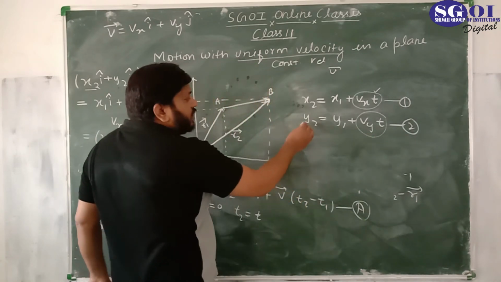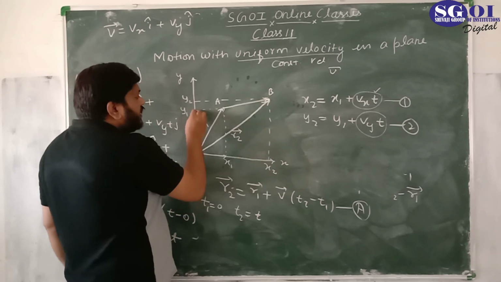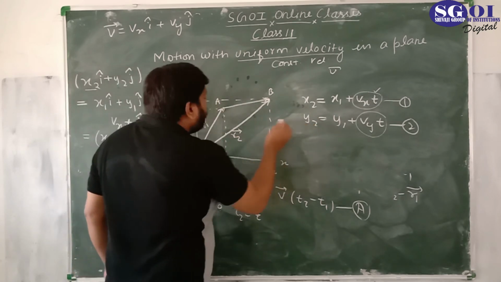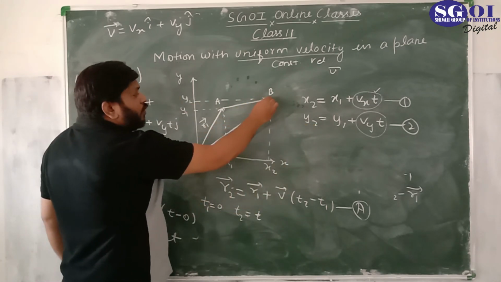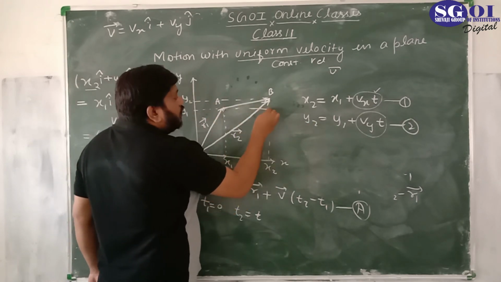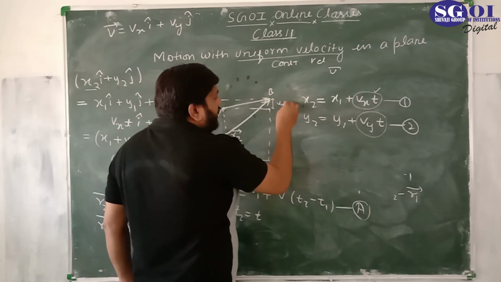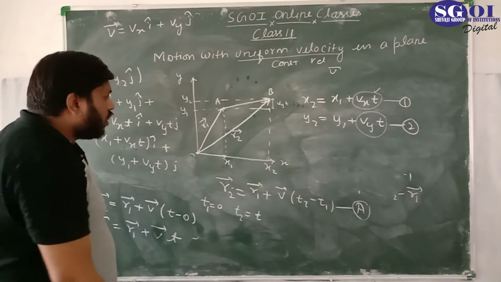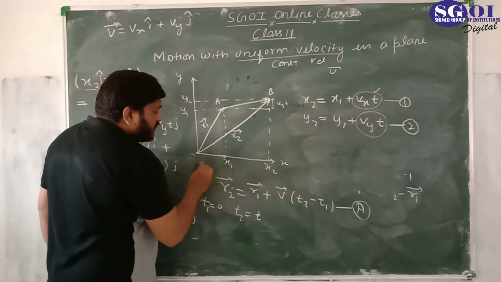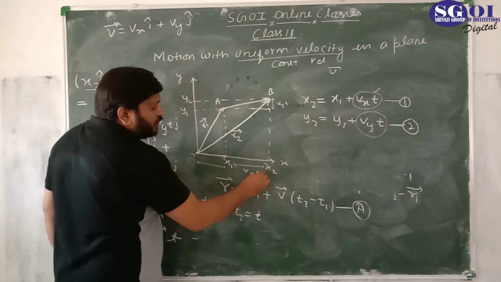And the final position y2 is y1, which was initially here, and finally when it moves and reaches point B, y2 is equal to y1 plus this distance vyt. And for x, this is x1 and this distance is vxt.